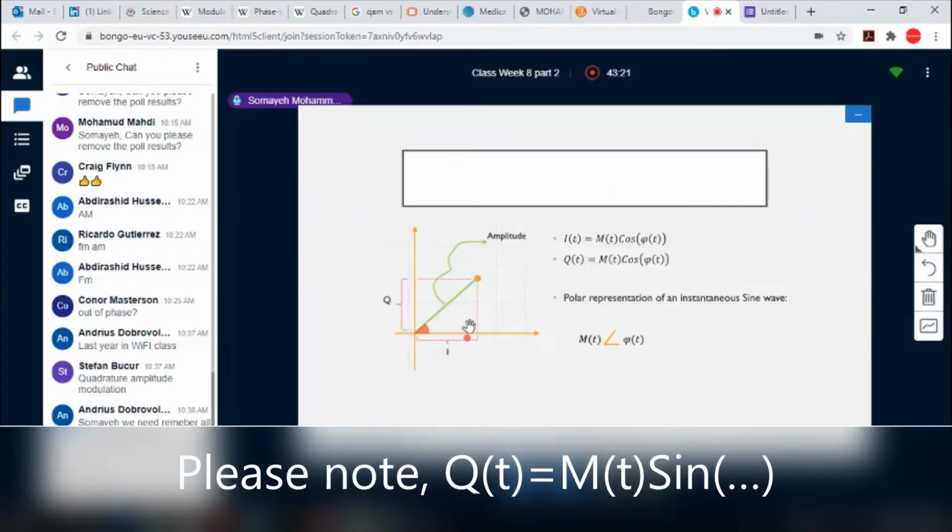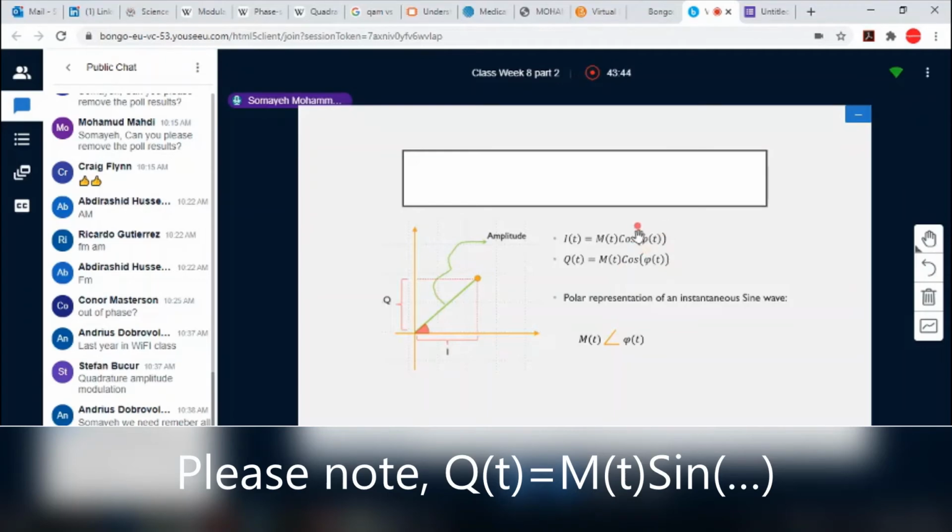So if I have that here again, from a time perspective, I would say that I(t) is equal to m(t) cosine of phi(t), and then Q(t) is equal to m(t) cosine of phi(t).